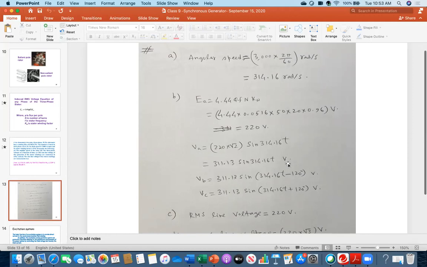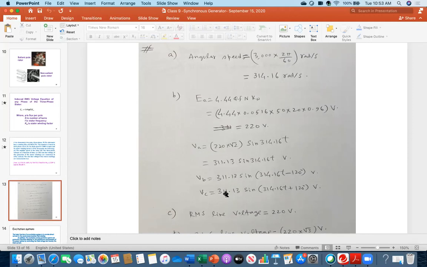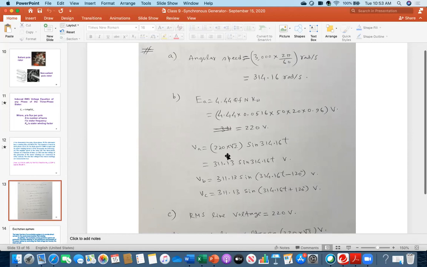And then just write down the expression for B phase and C phase. What is B phase? 311.13 sine of omega t minus 120 degrees, and C phase plus 120. So these two are really just this one. Everybody, could you follow me, what I am doing?